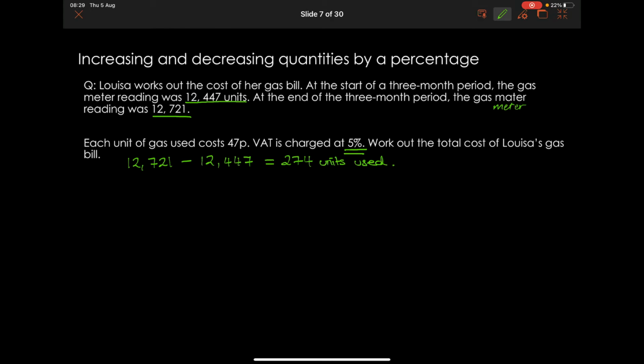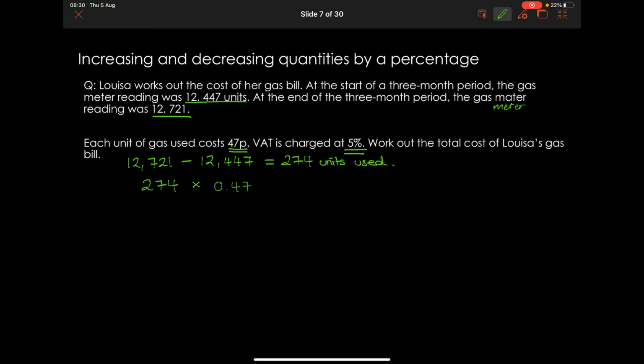Now, we then need to work out how much she paid for the gas on its own. So what I'm going to do is take my 274 units that she used and times it by 47 pence. Now, you must recognise that 47 pence is written as 0.47 in pounds.